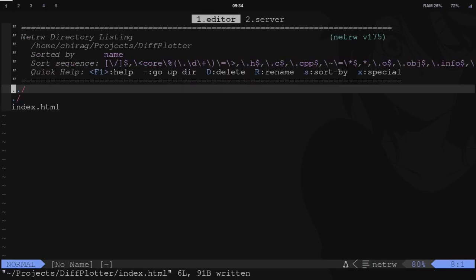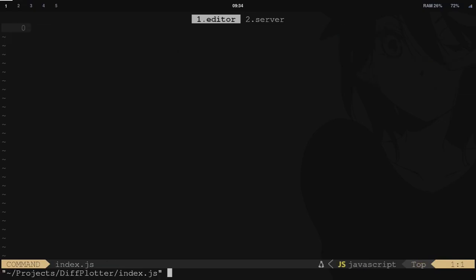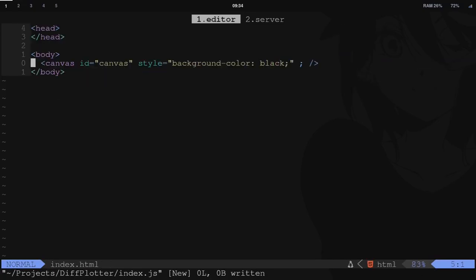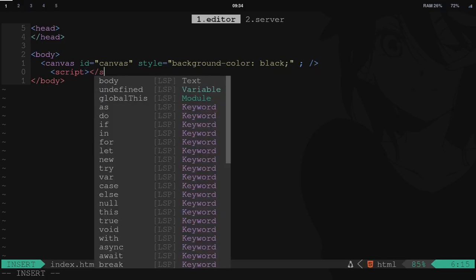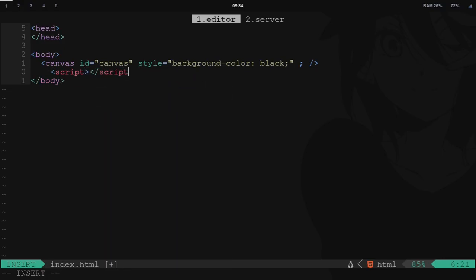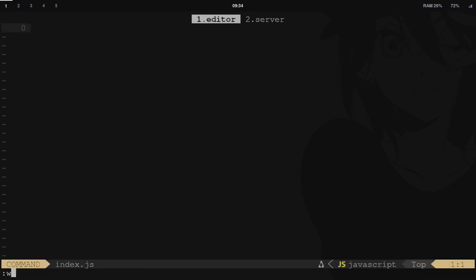So that's why I'll be using JavaScript, index.js. Let's go and add a script with source index.js. Now let's go on index.js.